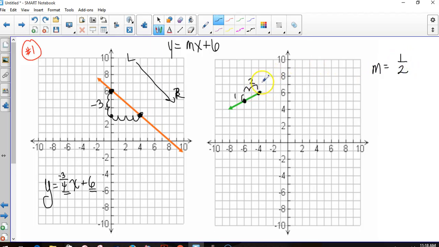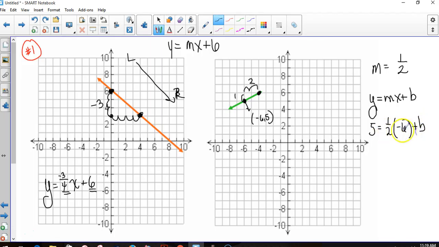And you can extend this line if you wanted to and see where you would cross through the x-axis. Or, since we know m now and we have an xy pair, I'll use this xy pair right here at -6, 5. I can plug my numbers into y = mx + b, because I know y is 5, when m is 1/2, and x is -6.